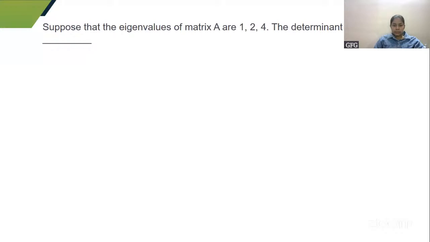Basically, if I find the determinant of A, we know that the determinant of A is the product of eigenvalues, 1 into 2 into 4, that is 8.